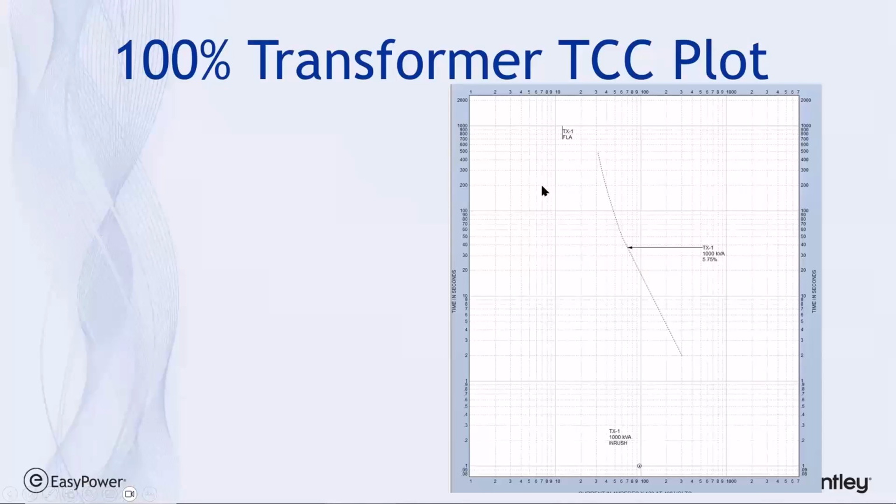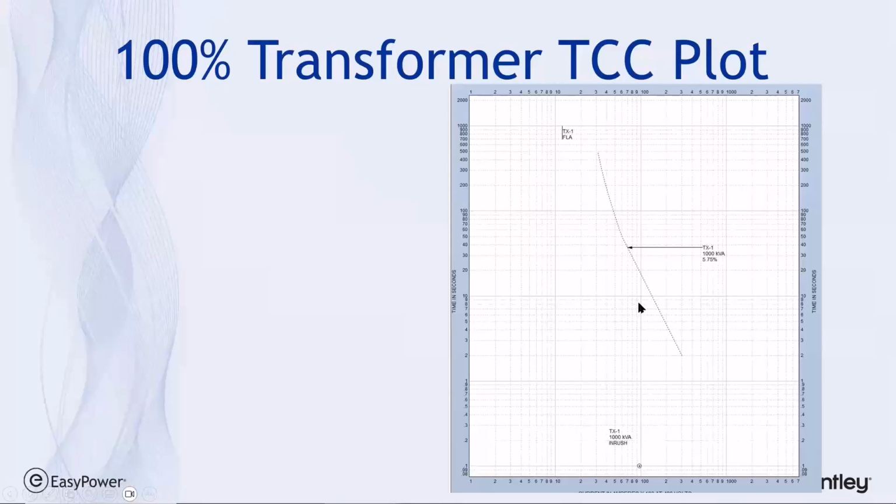So the bottom line is, if we have a circuit that has, let's say, well, I cut off my legend here, 10,000 amps, the transformer should be able to run with 10,000 amps in the secondary without any damage.